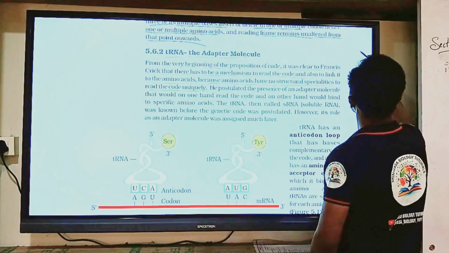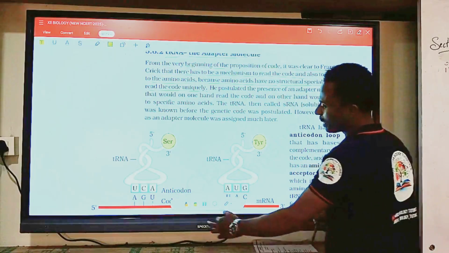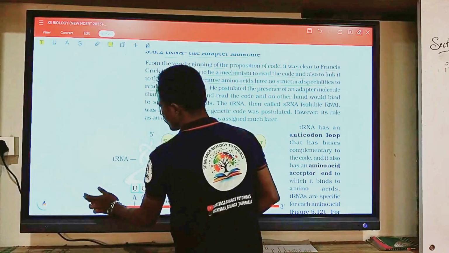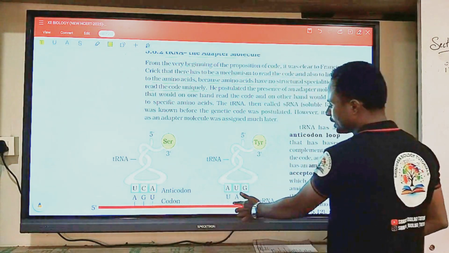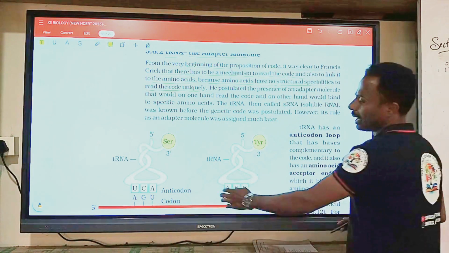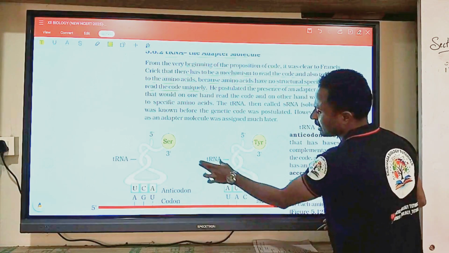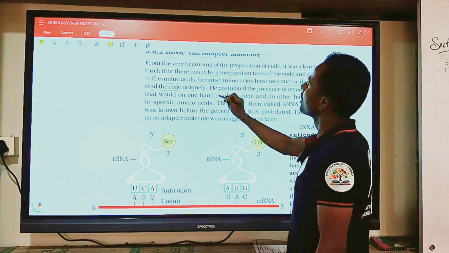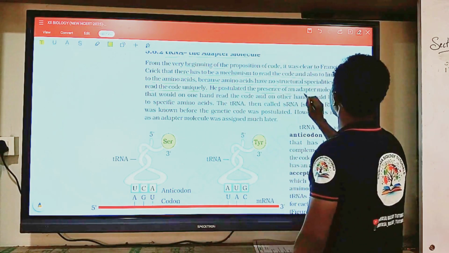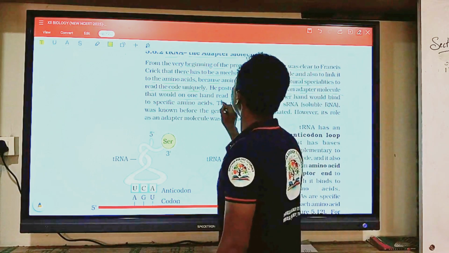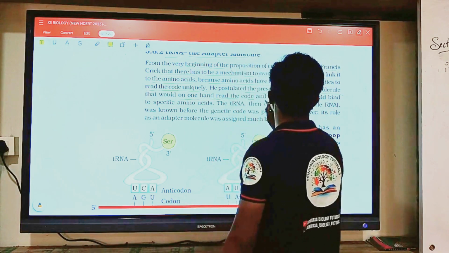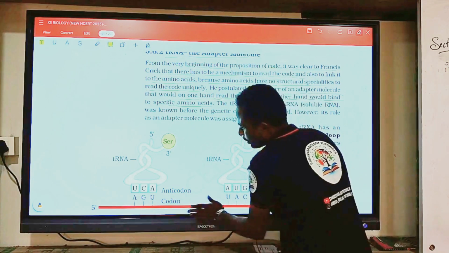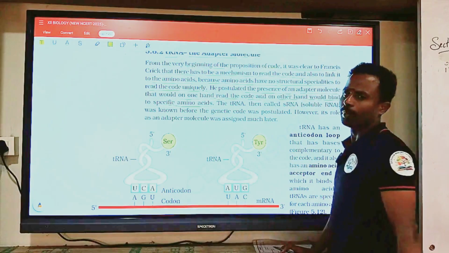In this mRNA strand, the codons are read continuously, and the amino acids bind at specific sites. This postulates the presence of an adapter molecule that would have one end to read codons and the other end to bind a specific amino acid. So one end reads and one end binds.